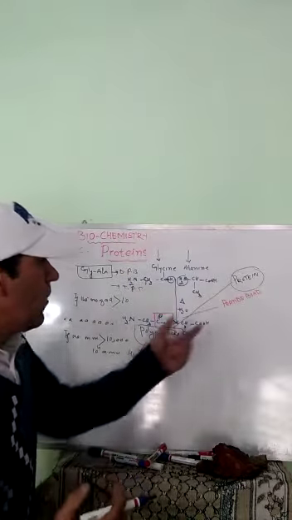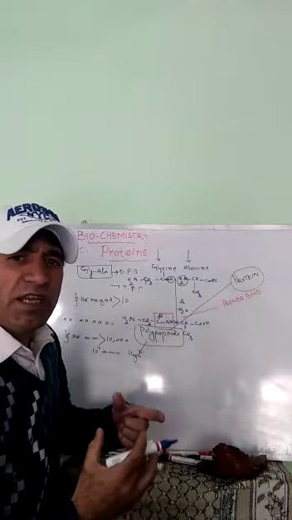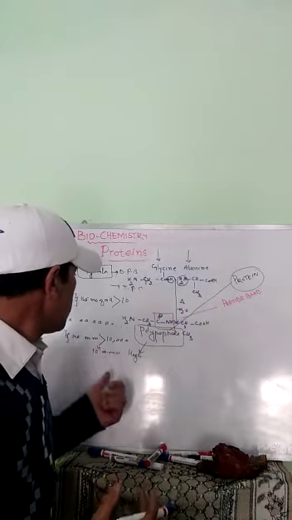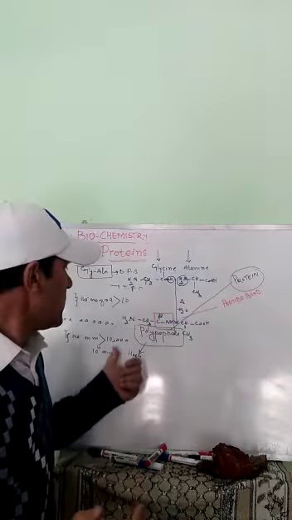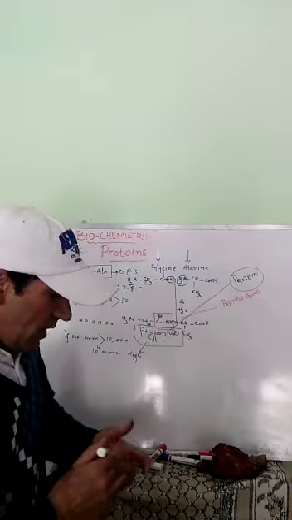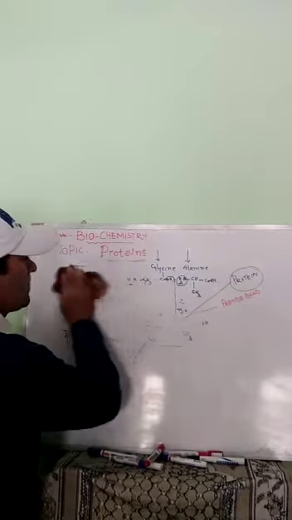So students, how is protein formed? When many amino acids join together, they make a polypeptide, and when the molecular mass of the polypeptide is more than 10,000, that polypeptide is known as a protein. So this is about the formation of protein.